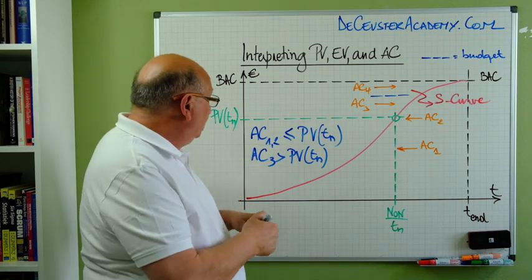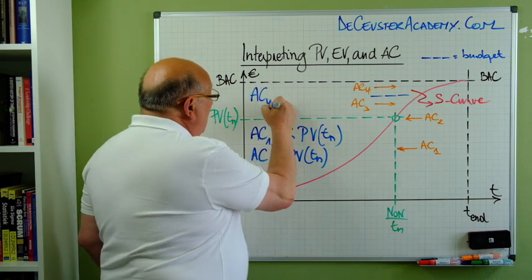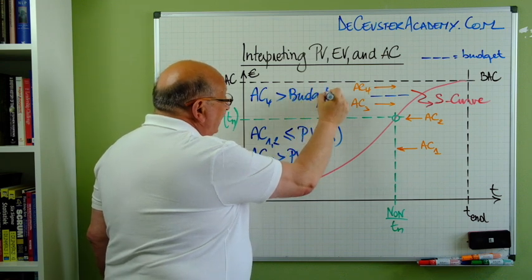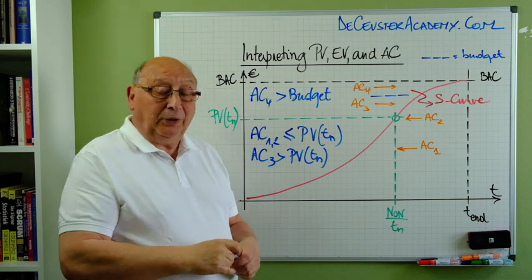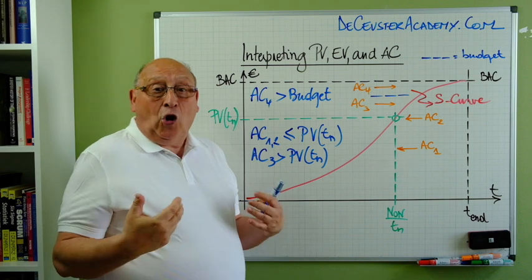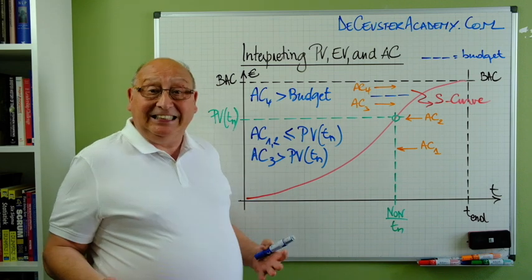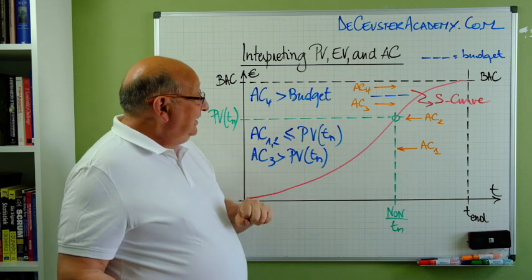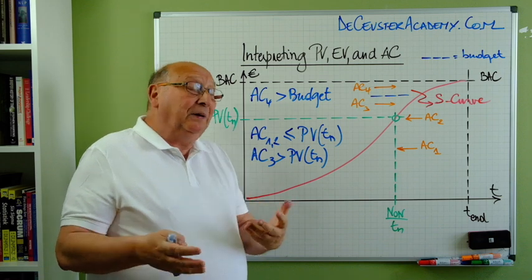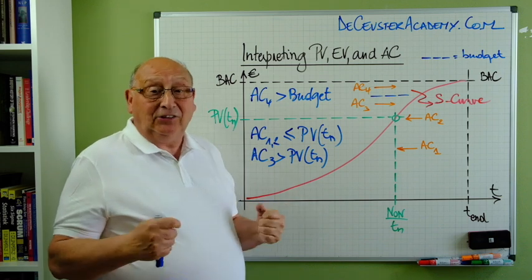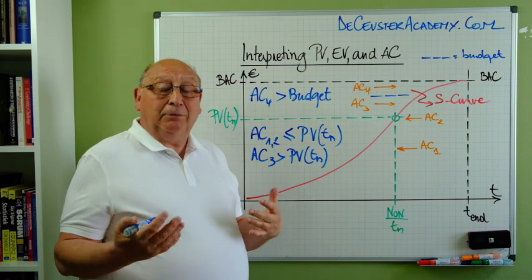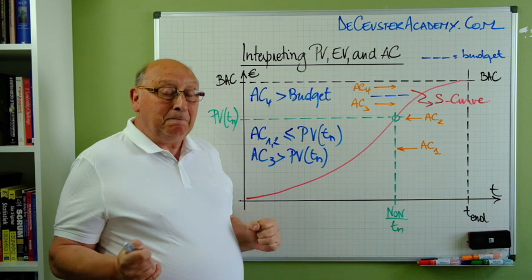And the last position, AC4, well, here we are larger than the budget, which means that we cannot continue the work, whatever situation we are in, because the allocated budget for this period has been exceeded. Even with AC index 3, we are over budget, spending more money than the planned value, but we can still continue working because there is still budget available.